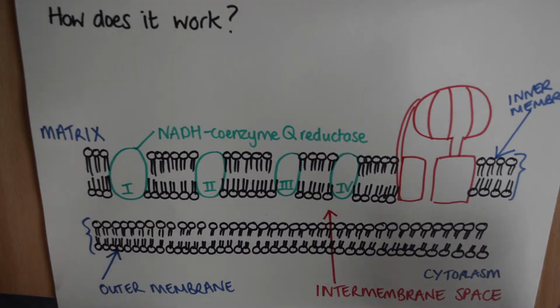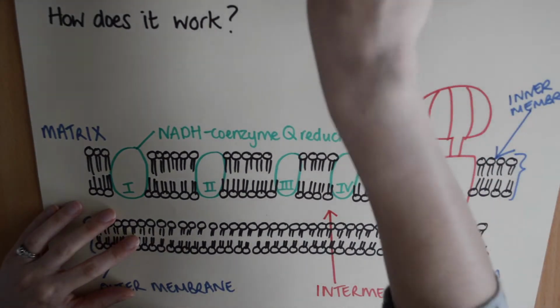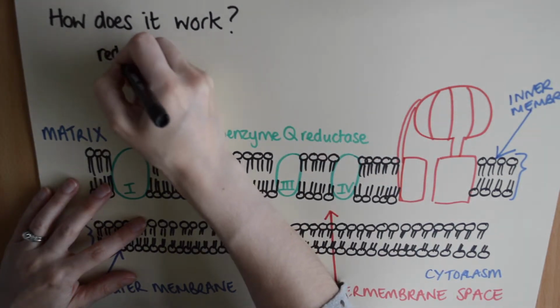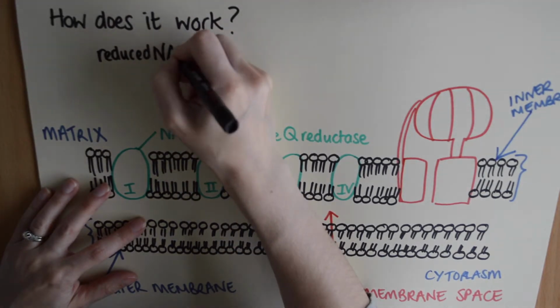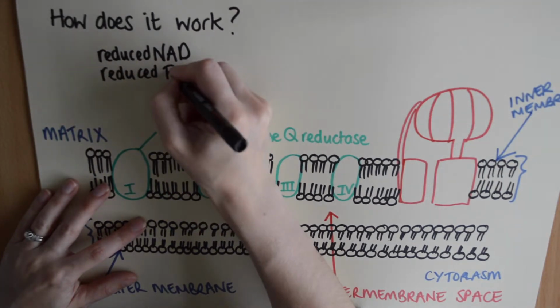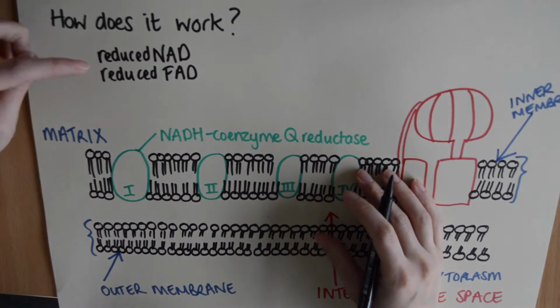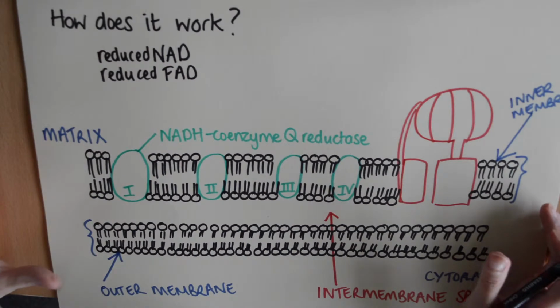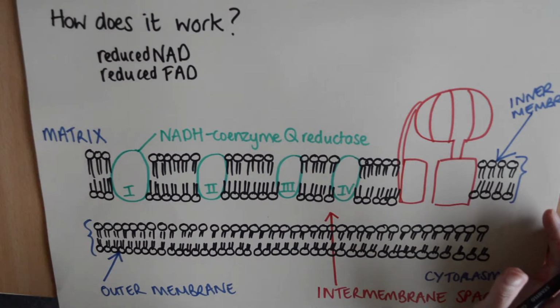And we've got lots and lots of these hydrogen atoms which have been collected up and carried by the coenzymes NAD and FAD, which have been reduced. So we've actually got lots of molecules of reduced NAD and reduced FAD, which are able to transport hydrogen atoms to the inner mitochondrial membrane.